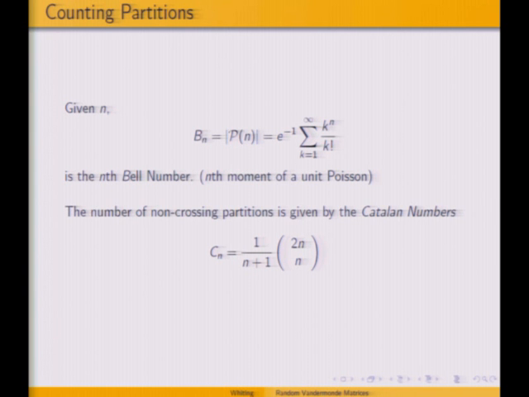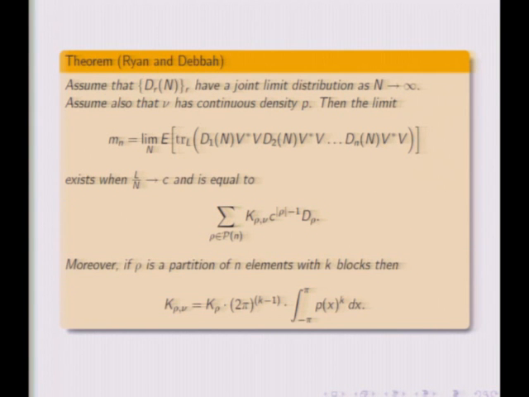The Bell numbers are nth moments of unit Poissons. Now, if you want to know the number of non-crossing partitions, that's given by the Catalan numbers. So that was the left-hand set of partitions, and of course the other ones make up the rest. So the Catalan numbers, unfortunately, are quite a small fraction of the total.